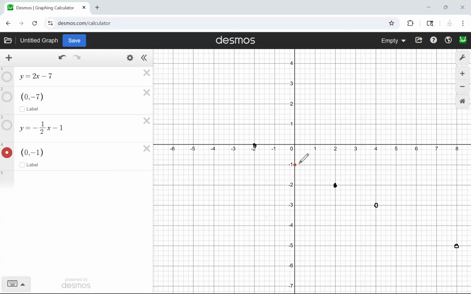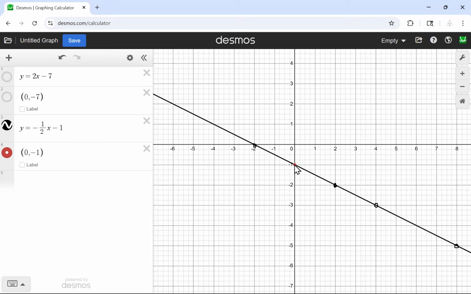You can see that all of these points fall on the same straight line, and therefore I'd connect the dots and extend that line, and here it is. One thing I want to point out about this line is it had a slope that was negative.